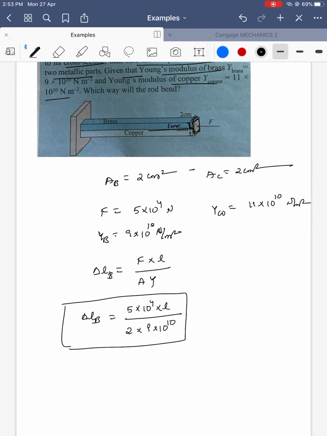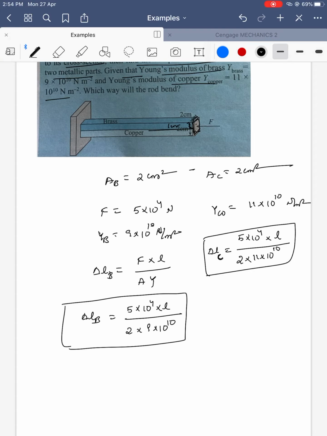Next, delta L copper. Delta L copper is equal to force into L, 5 into 10 power 4 into L, original length L, by area 2, Y is 11 into 10 power 10.